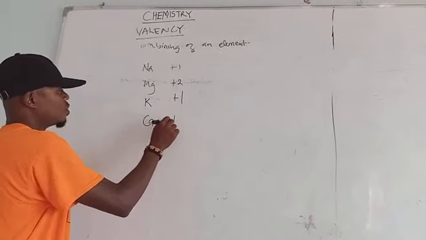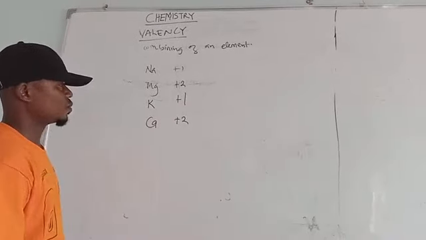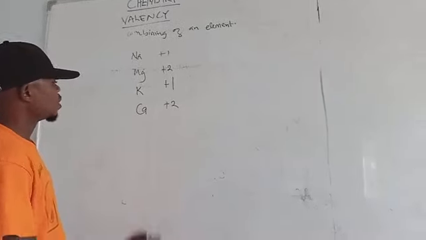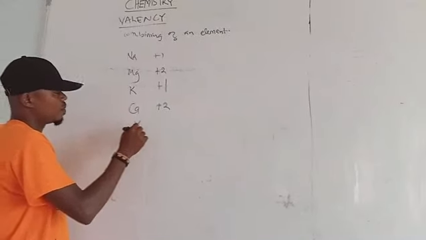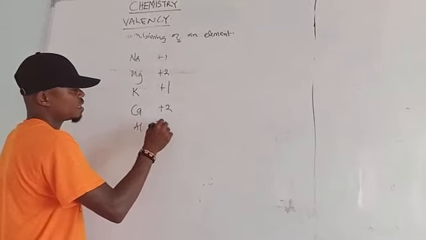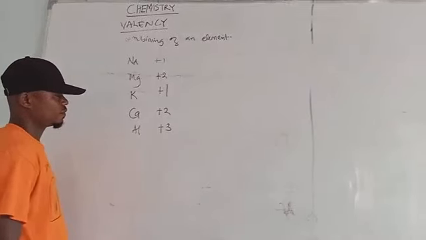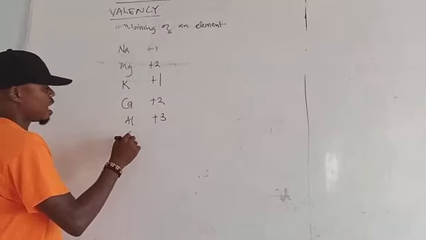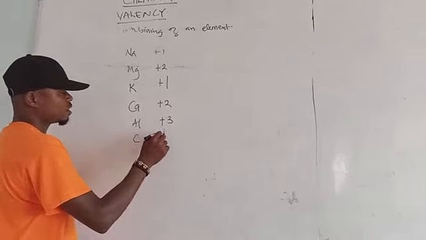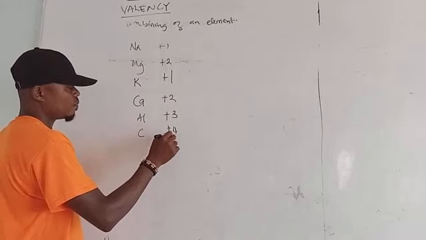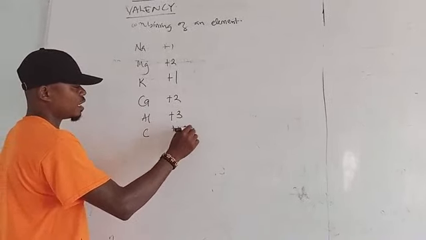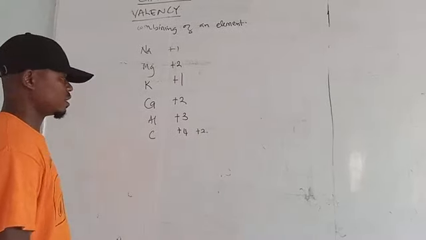Calcium in group 2 has an oxidation state of +2. We also have aluminium in group 3 with an oxidation state of +3. We have carbon in group 4 with an oxidation state of plus or minus 2, +4, and +2. It has a variable oxidation state.